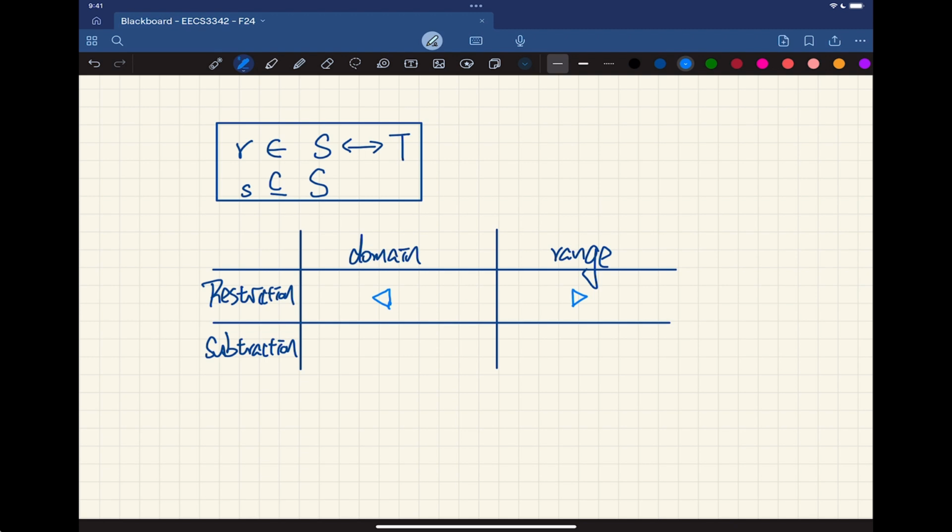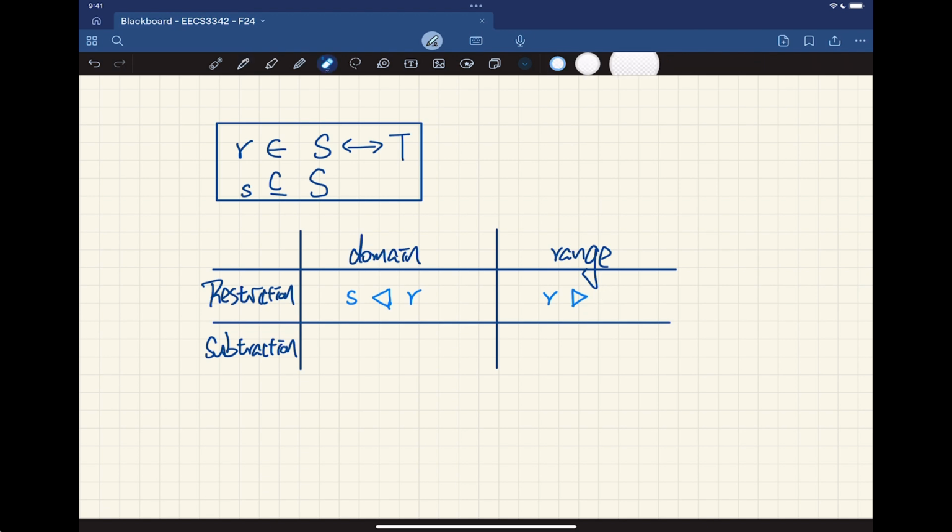Okay? And then in the domain case, we're going to have the relation restricted to some domain S. Also, the relation restricted to some range T, actually, I beg your pardon.